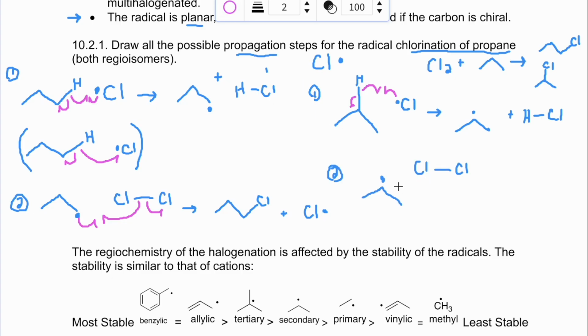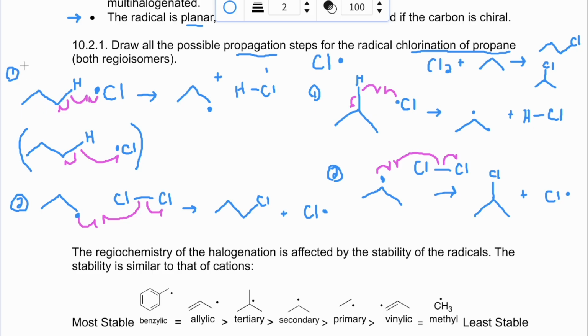The second step in the cycle would be for this reactive carbon radical to disrupt a chlorine-chlorine bond, taking one of those electrons out of the bond. The other electron would go onto the other chlorine atom. The result of this would be a molecule of 2-chloropropane and a chlorine radical that could be used to repeat step 1, making a cycle again.